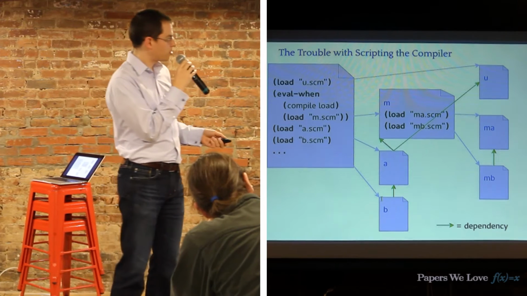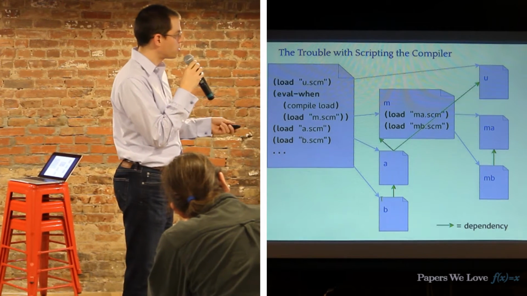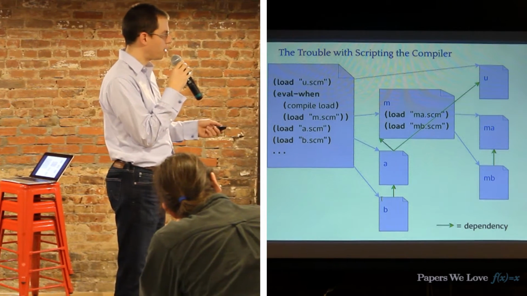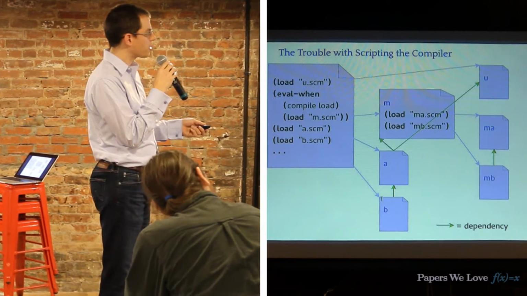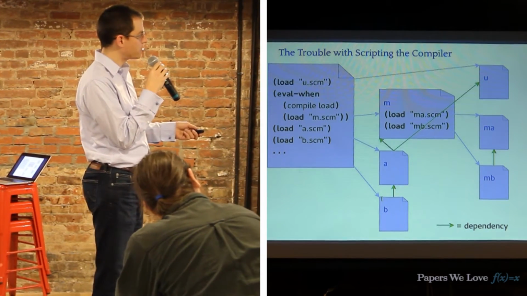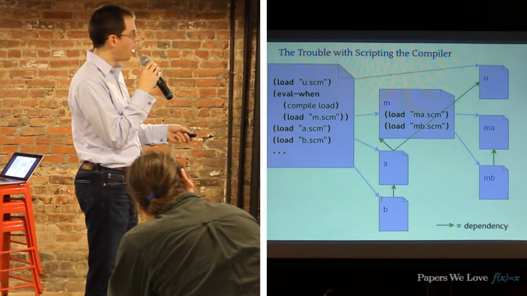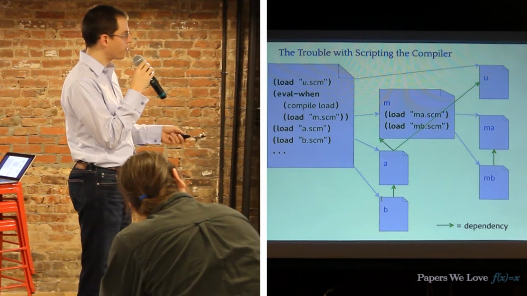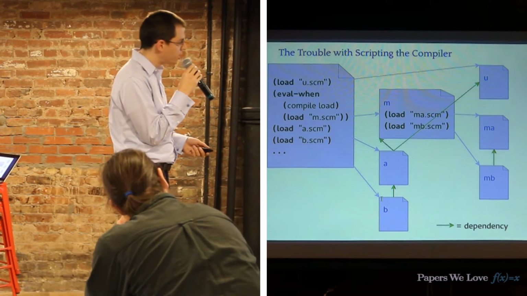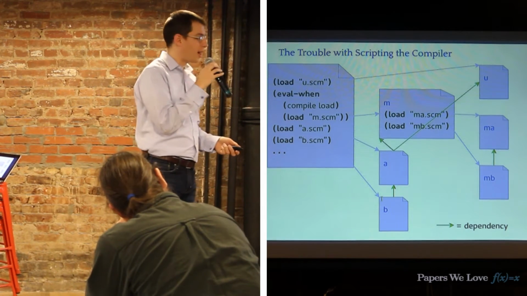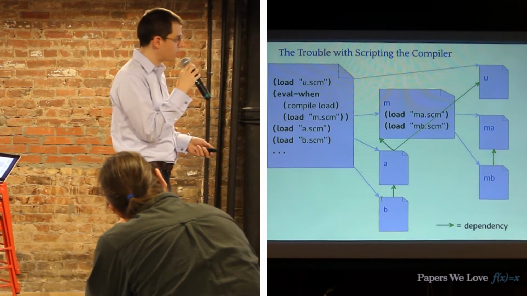The programmer cares about these green arrows. That's why we have some library A that depends on the contents of U, or depends on the contents of M, and one file depends on the file that we loaded previously. But these are not represented by the purple arrows that we see.